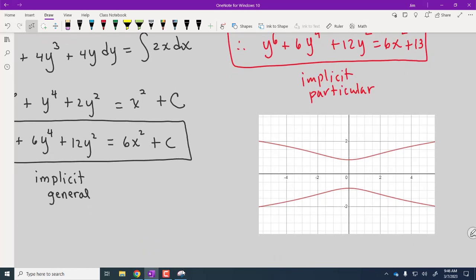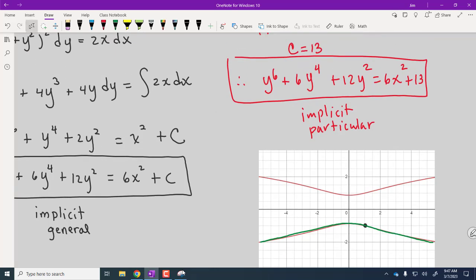That is right here, 1, -1. So the answer is this curve right here, but we can't write it in any sort of explicit way. All we can say is that it's implicit. All right, any questions on those two examples?